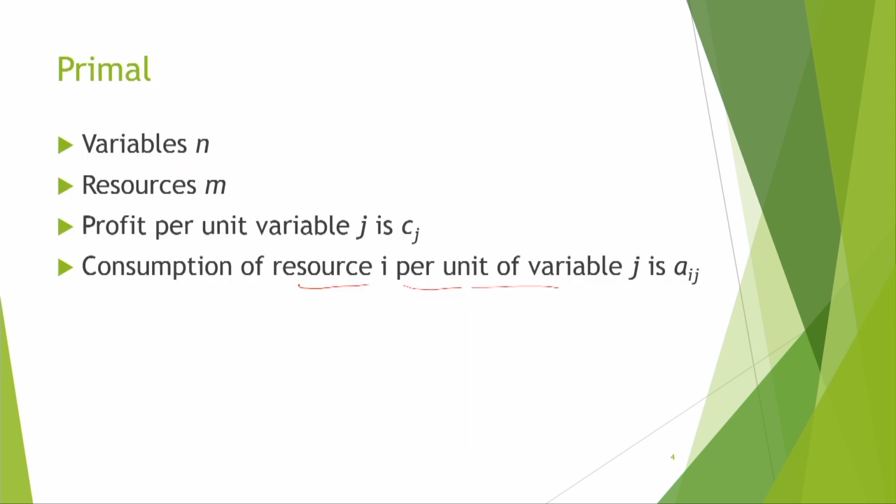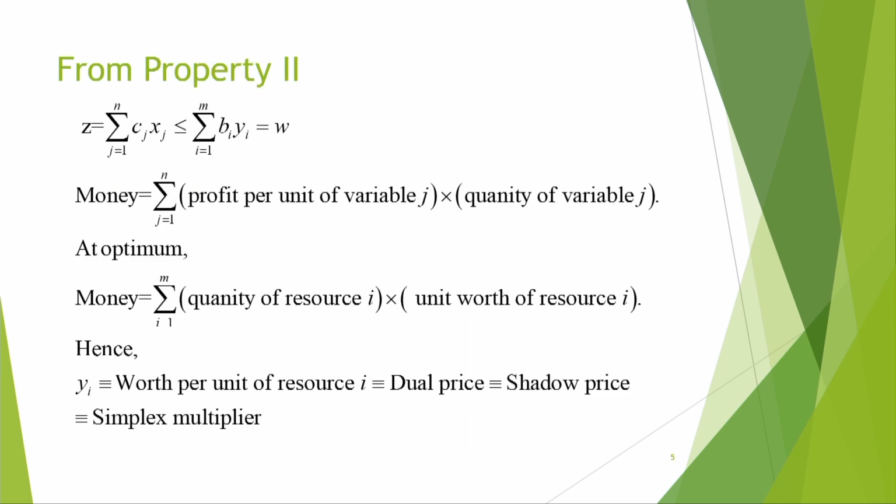Okay. So, therefore, now from property 2, we already said that dual property in the previous lecture, and we said z at any iteration, the sum over j equals 1 to n of Cj Xj, that means profit, is smaller or equal to the sum over i equals 1 to m of Bi Yi, which is w.